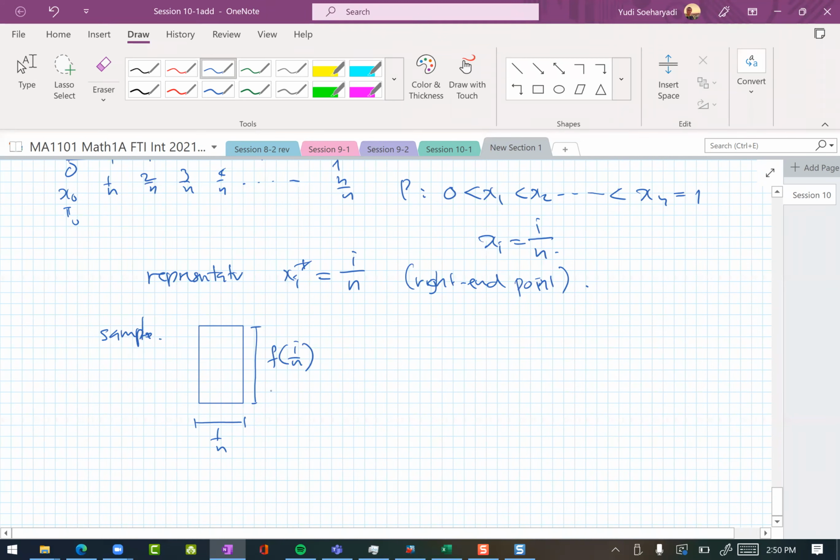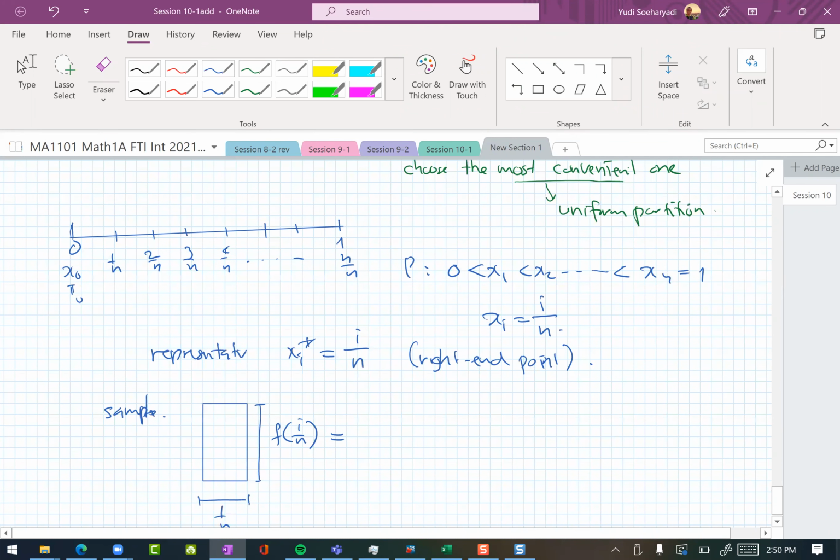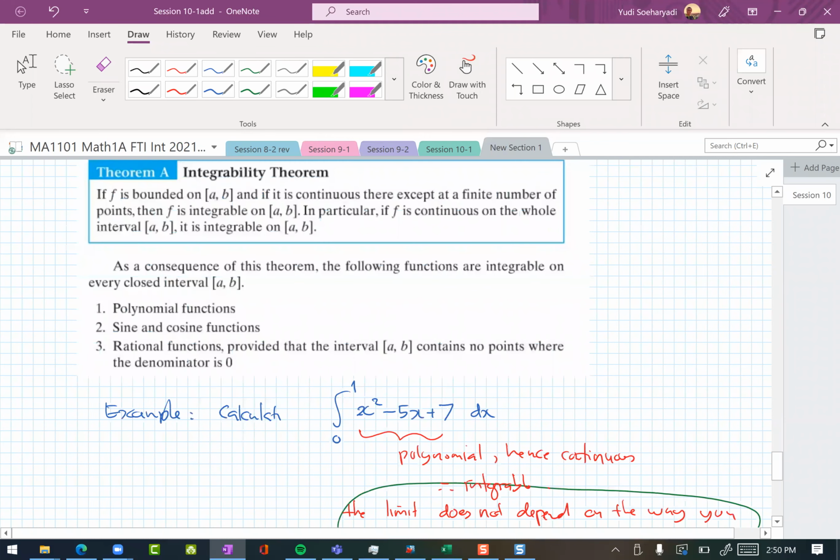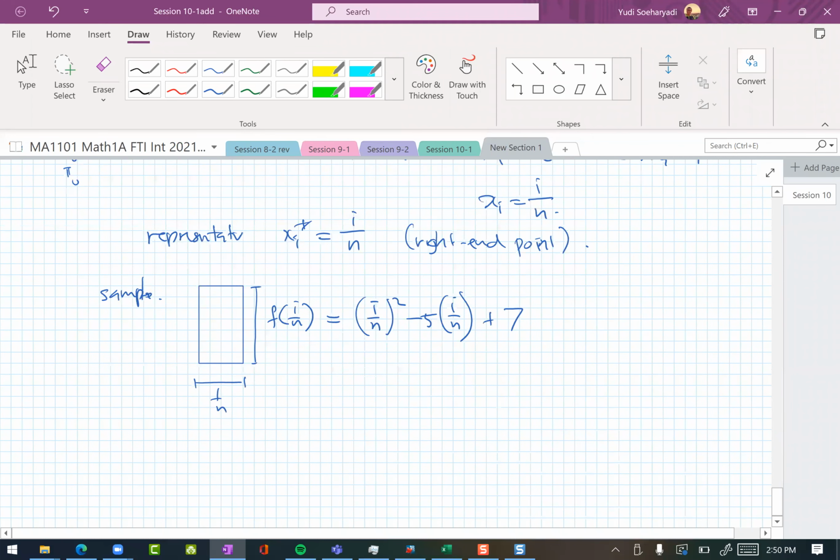Okay, so then this gives you minus 5, okay, plus 7. Is that our function? Yes. Okay, so that's the sample.